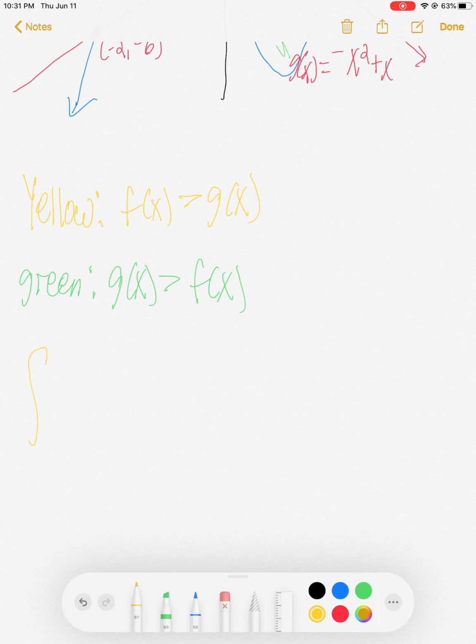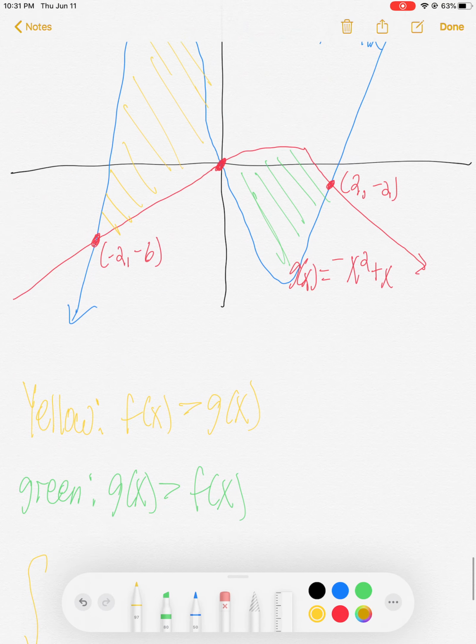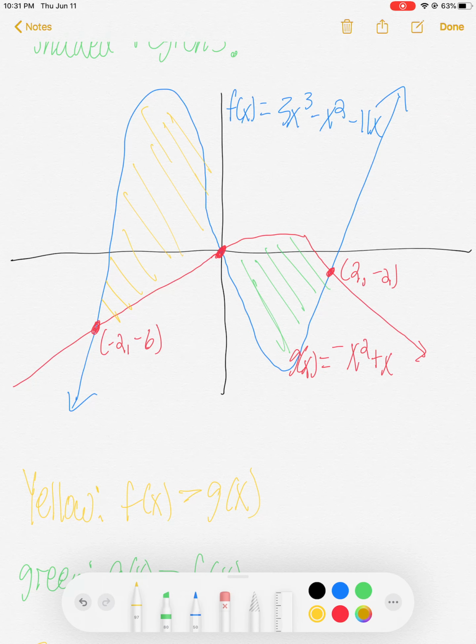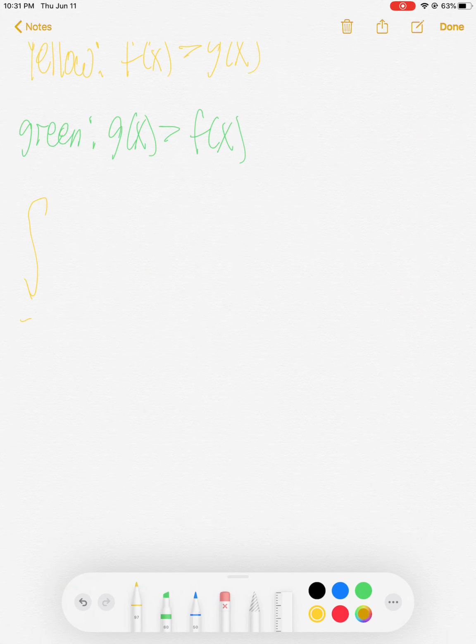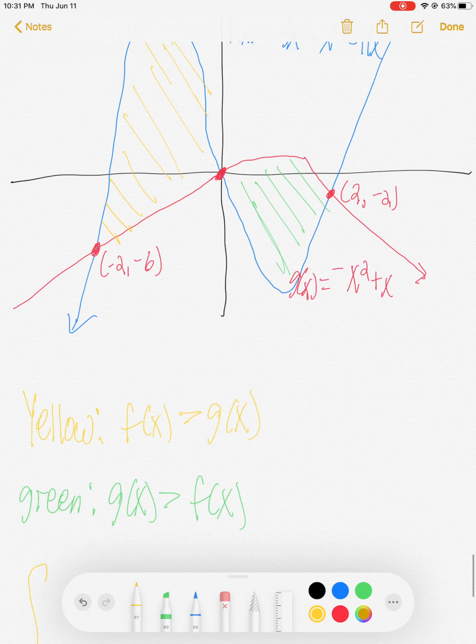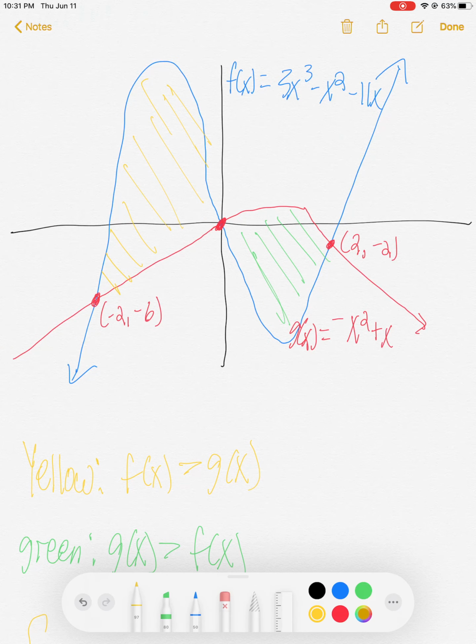We have g of x greater than f of x. So I need to integrate both of these regions separately and add them up, because they need to be treated differently. I'll stick with the colors to be consistent so it's easy to follow.